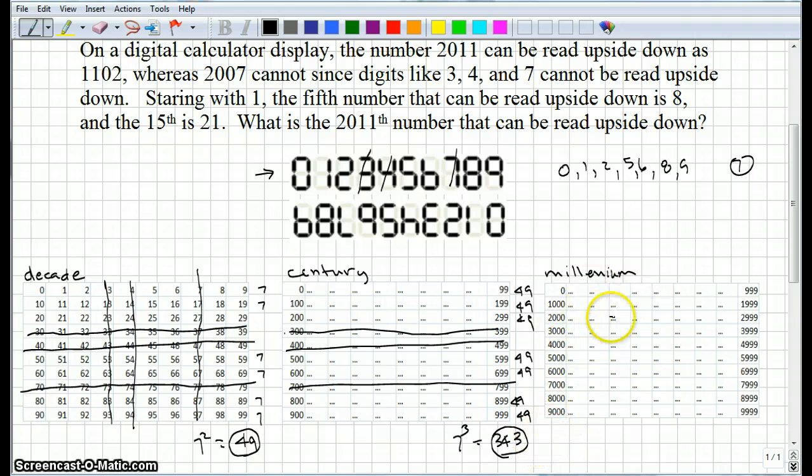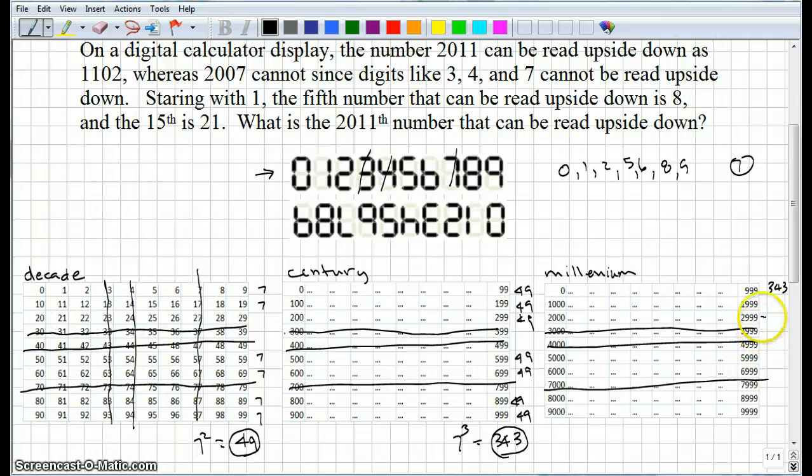And then if we look at the numbers by millennium, we know this is 343, and we can't read the 3000s or the 4000s or the 7000s upside down. So we have 7 millennia that can be read, with 343 numbers per millennium.